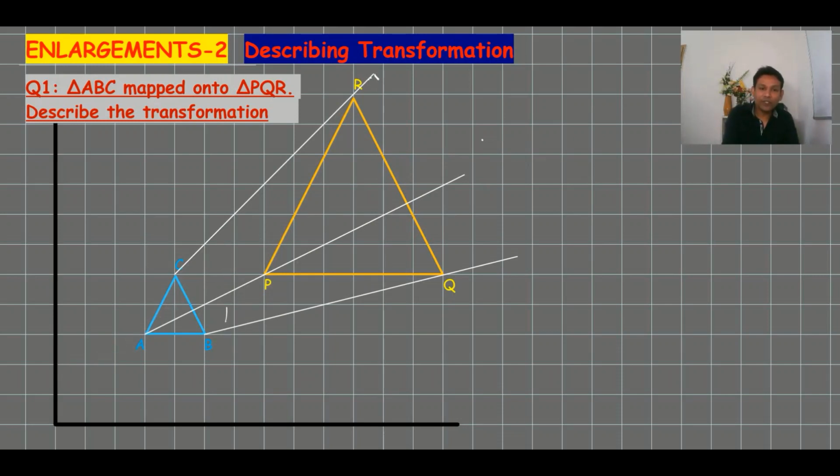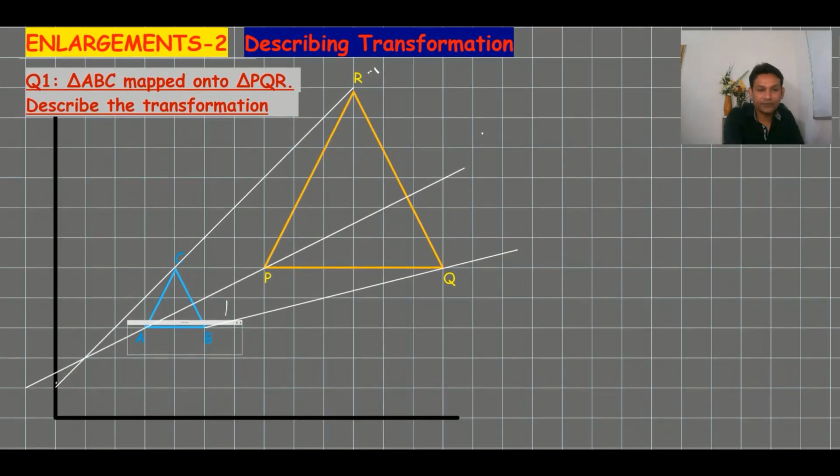So what I have to do is extend this line from R in such a way, like this, and I can also extend this line.